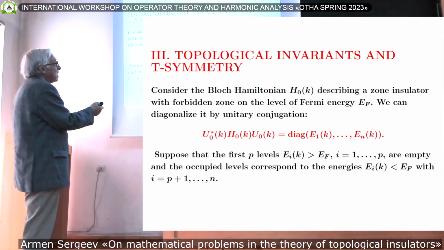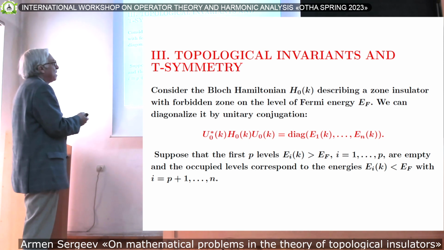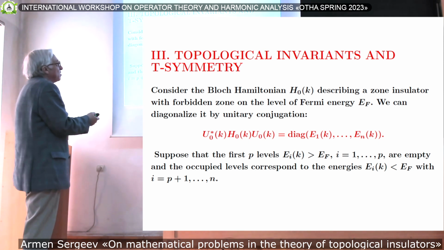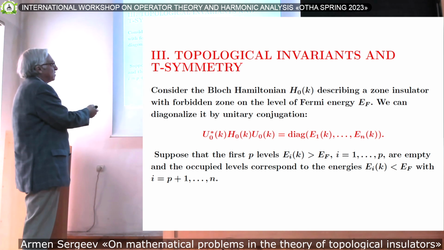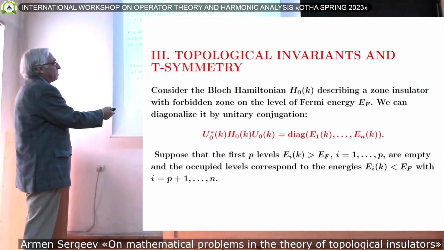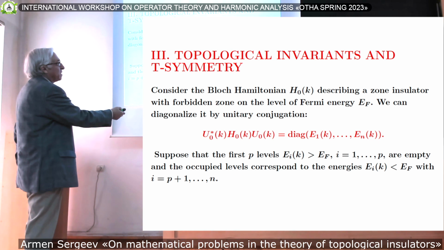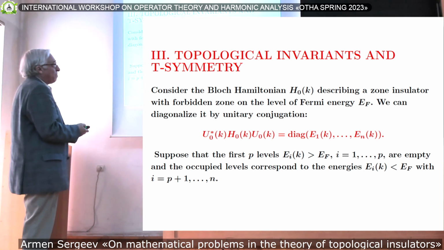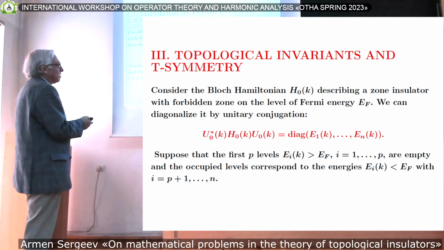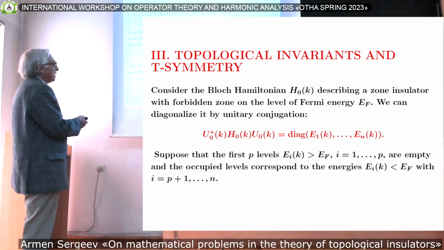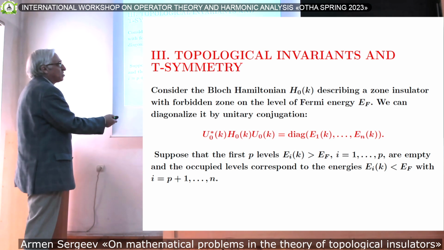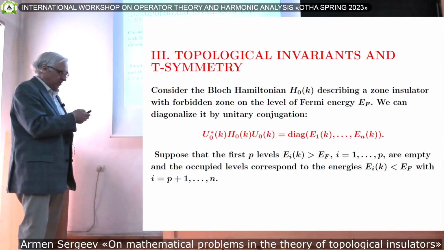We can diagonalize this Bloch Hamiltonian by taking the conjugation with some unitary matrix depending on k. So we will get the diagonal matrix with these eigenvalues here. I suppose that the first p levels, which lie above the Fermi energy, are empty, and the occupied levels correspond to the energies below the Fermi energy.